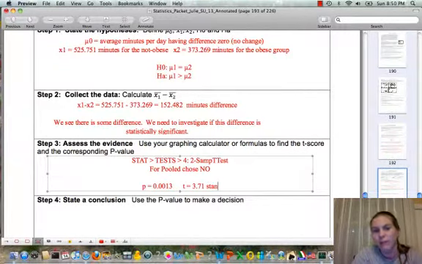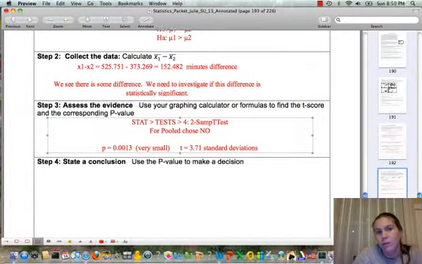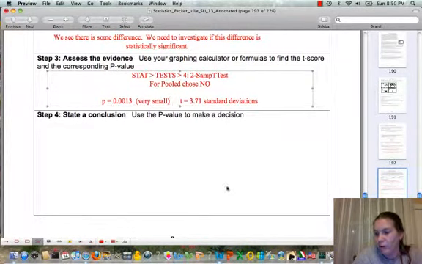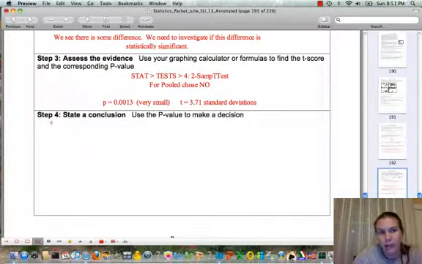Remember, this t-value is basically telling us how many standard deviations or sample standard deviations away it is. So that standard deviation is high. Our p-value is very small. So since our p-value is very small, we can conclude that there's enough evidence to reject the null hypothesis.